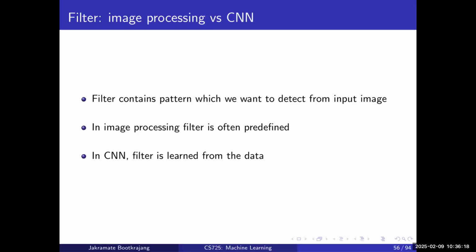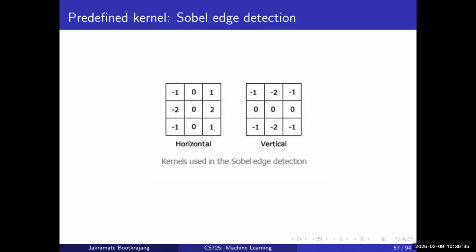So with the CNN, the filter is actually learned from data, but you can also predefine the filter. These are the predefined filters. We have the Sobel edge detection.